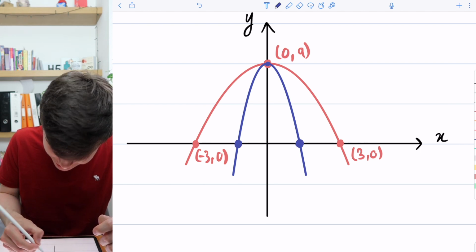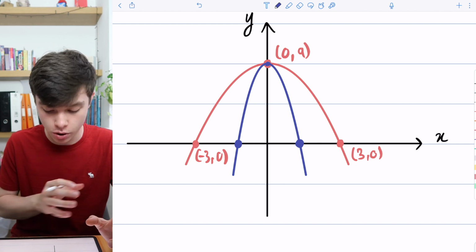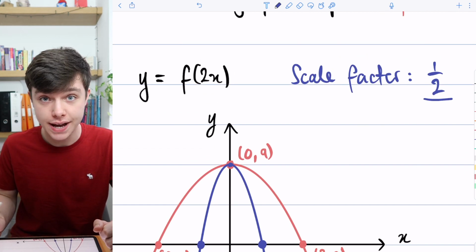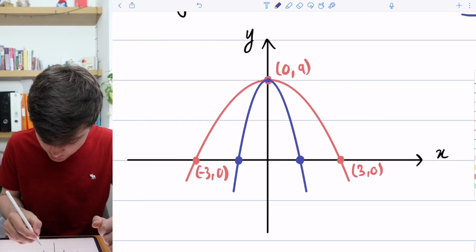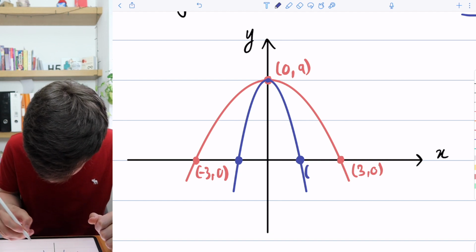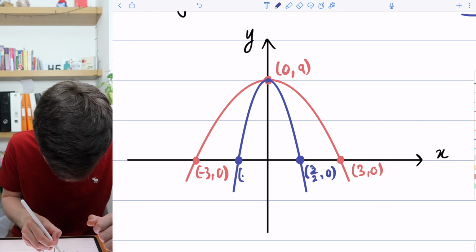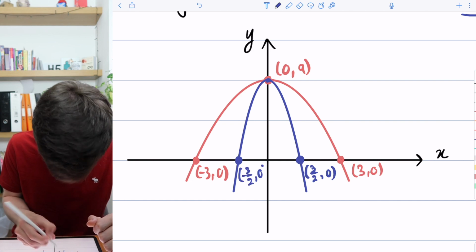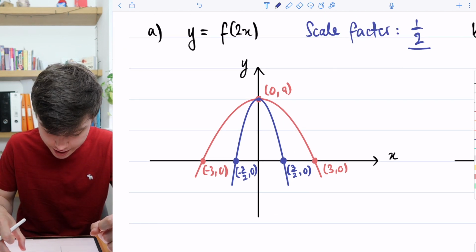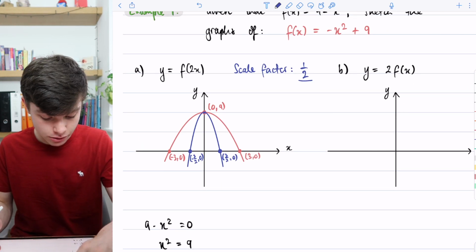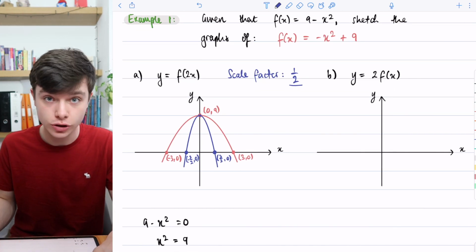Okay, they're going to be a half of what they originally were because our scale factor is a half. Okay, so that point there is going to be 3 over 2, 0, and that point there is minus 3 over 2, 0. Okay, so that is what our graph of f of 2x looks like.